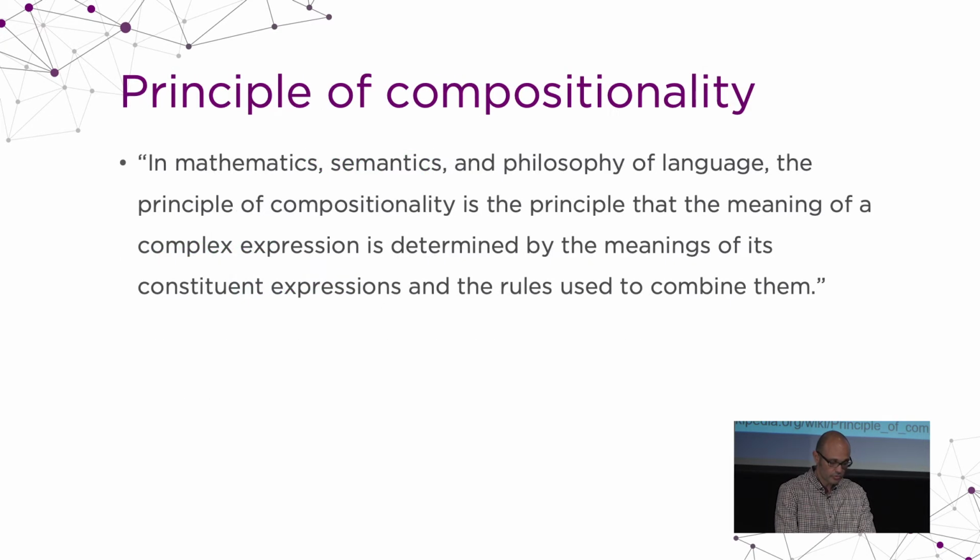The other idea that we mentioned was the principle of compositionality. This is a very broad idea that can apply to many, many areas. In fact, here you see math, semantics, and so on. It basically means that the meaning of a complex expression can be determined by the meaning of its constituents, which have been combined together according to some rules. And actually, we have been using this principle since the very beginning of today, since the first presentation.